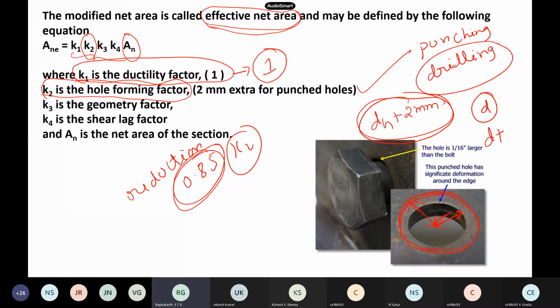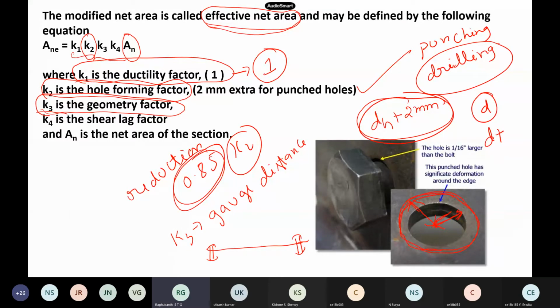Then another factor, which of course our IS code doesn't use, but international codes use, is the geometry factor. This geometry factor depends on the gauge distance you have provided. Suppose the holes are far away from each other, what happens at the connection? Say I have put one bolt here and another bolt far away. What is the problem we saw long back?